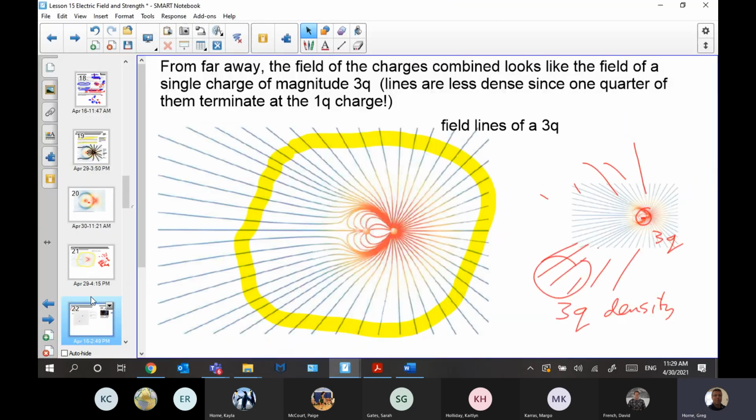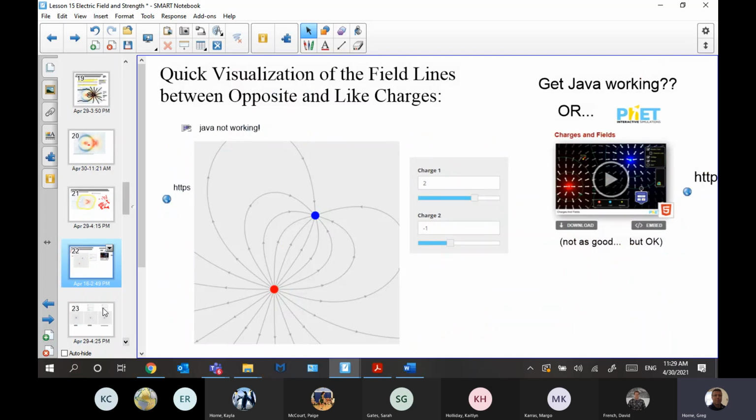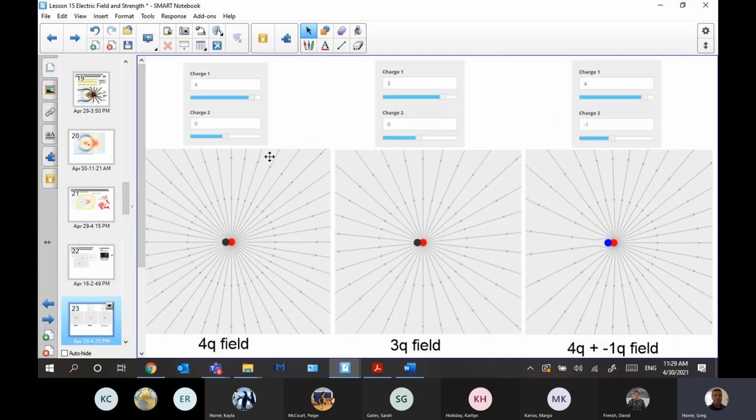So that's good. Then that relates to this. This is a screenshot of a 4. Just the red one has a 4 charge, and then I've got here just a 3. So picture the line density in this region out here, and there, and then picture the line density here.